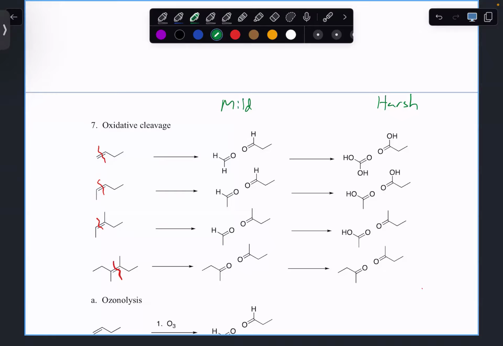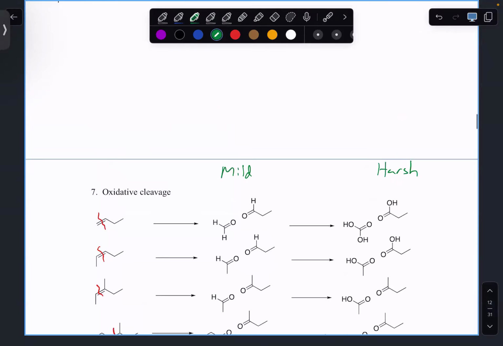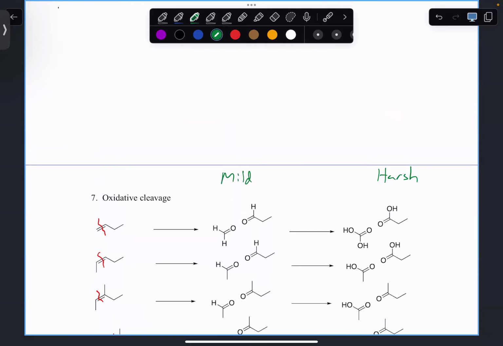All right. So go ahead and give you the reagents. The harsher form is something we've seen before. That is done with potassium permanganate. Only this time, instead of cold and dilute, we're going to have to run it hot and concentrated.